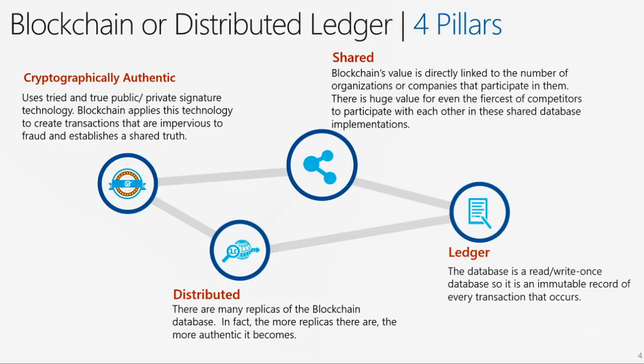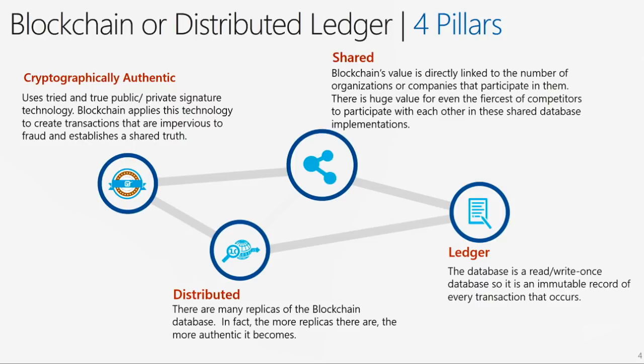So if you make a mistake on a ledger, you can't erase it, you can't scratch through it, you can't use whiteout. You have to actually post a corrective transaction. So you can't cover up your mistakes. Everything's in the ledger.